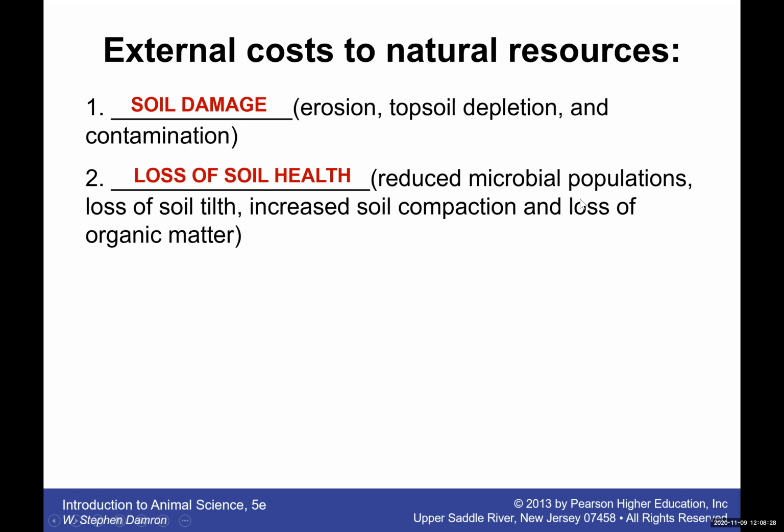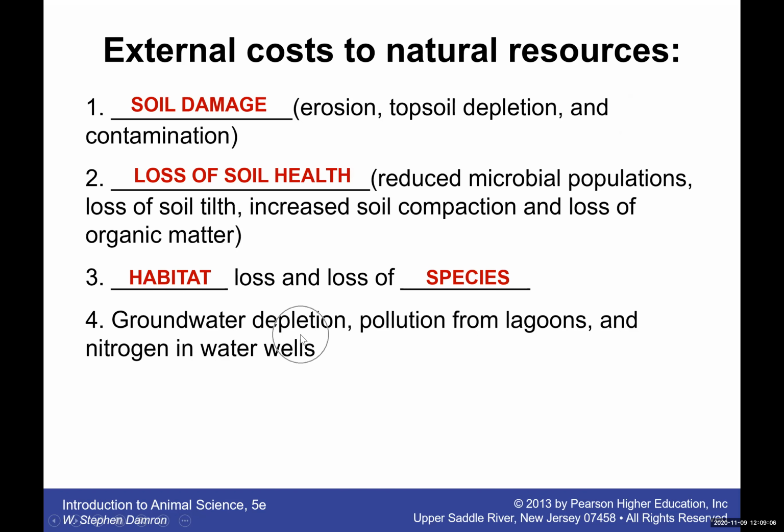And they are required to help maintain a healthy soil that can support life, forages, plants, crops, etc. With a loss of soil health and these intensive systems, we could see a loss of soil tilth, an increase in compaction, and a loss of organic matter. Next, we see habitat loss for native species, as well as loss of species in general.